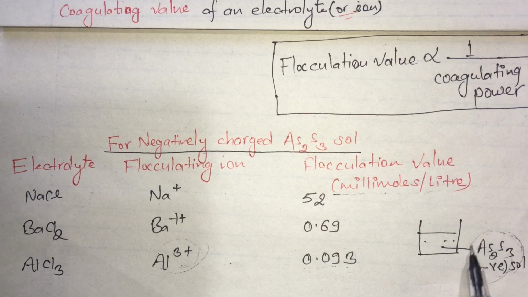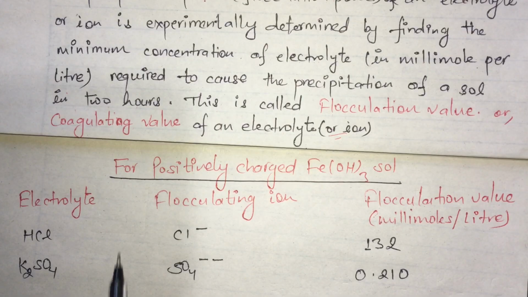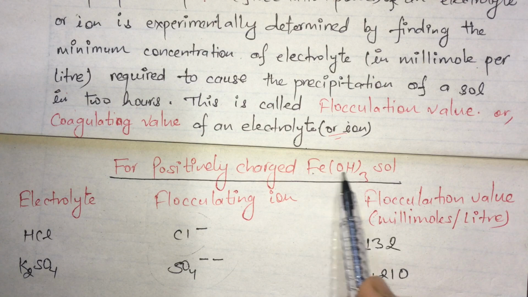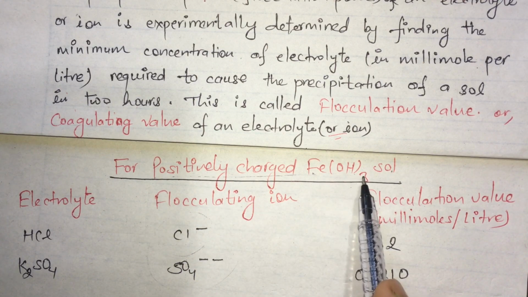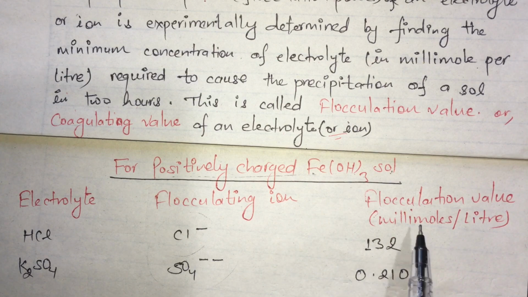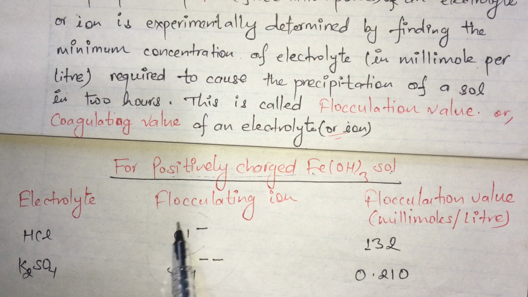this arsenic sulfide sol. Similarly, the flocculation values of the different ions for the coagulation of ferric hydroxide sol, the positively charged ferric hydroxide sol, are given here. Here we see the flocculation value of chloride ion is 132 and that of sulfate is 0.210.